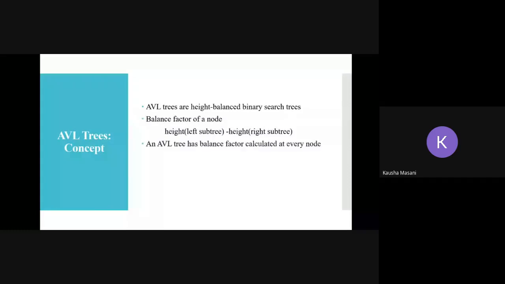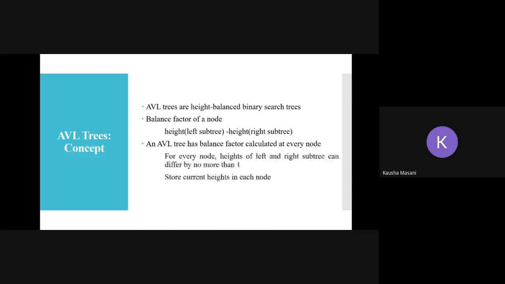At each and every node after the insertion, you have to calculate the balance factor and store the current heights at each node. Height should not differ by more than the given range.